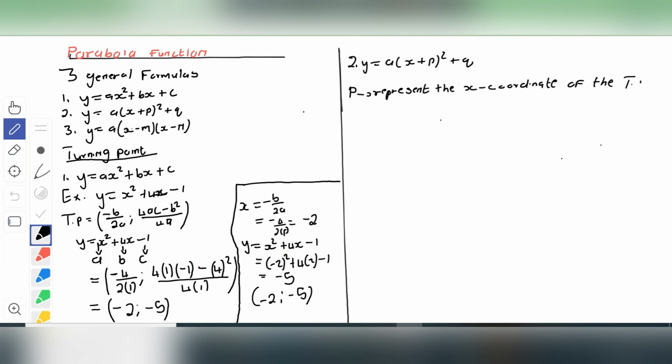P, I mean, guys. And also p represents the value of the axis of symmetry.